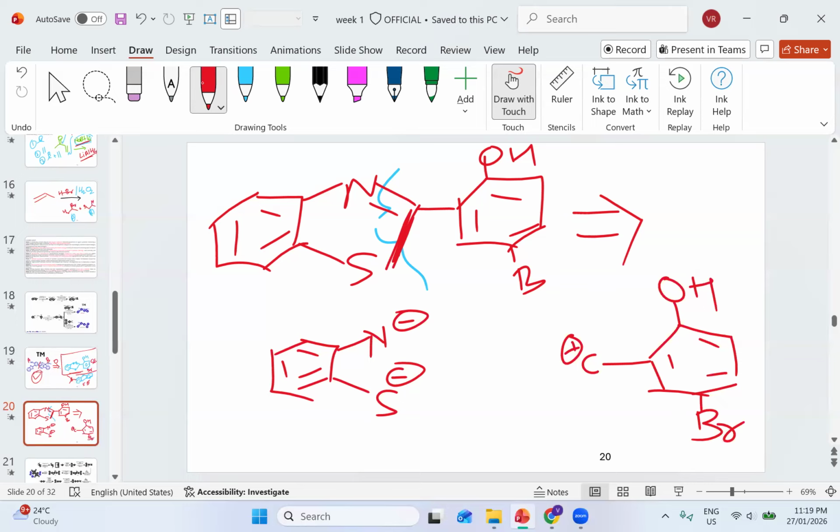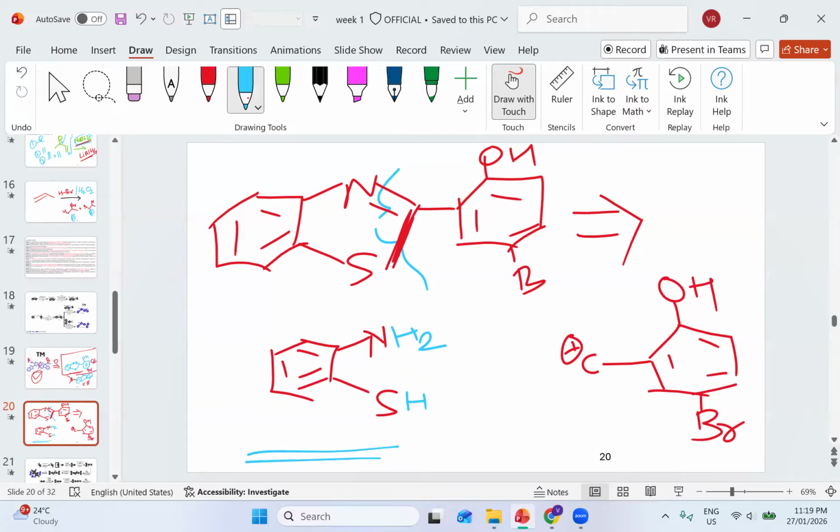Again, these are the synthons, right? And what will be the synthetic equivalent for these two individual molecules? The synthetic equivalent for these molecules will be this NH2 and this SH.